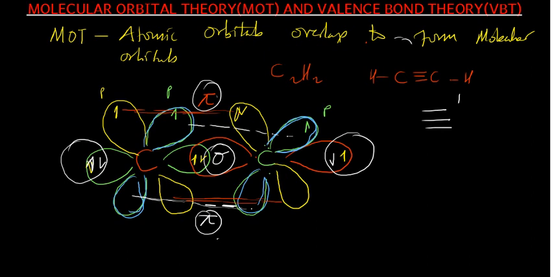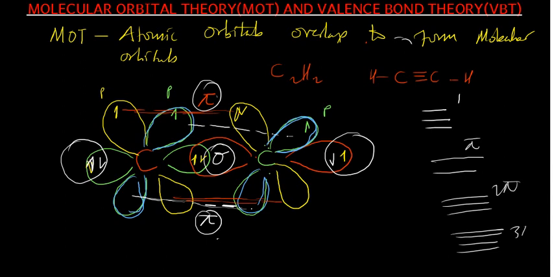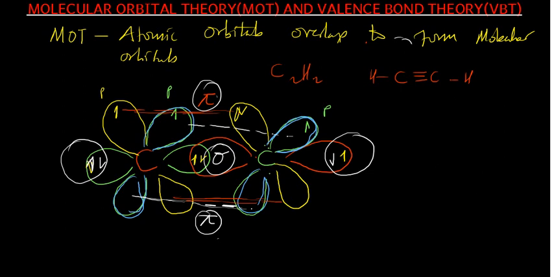A single bond doesn't have any pi bond. A double bond only has one pi bond. A triple bond has two pi bonds. If there is another bond, maybe a quadruple bond, it's going to have three pi bonds. I don't know if that exists, I've never seen it.